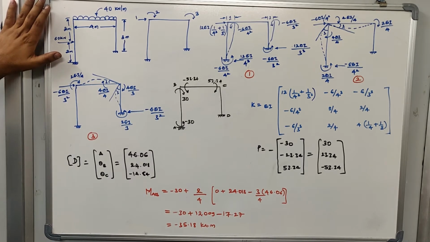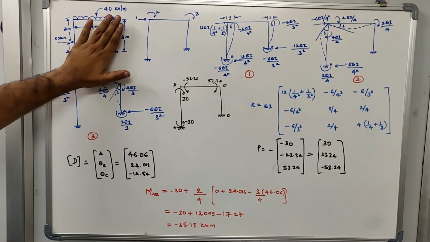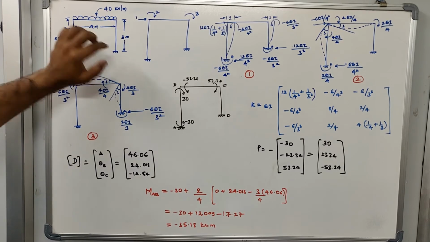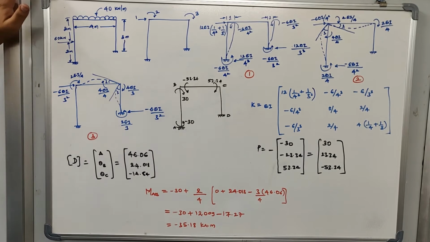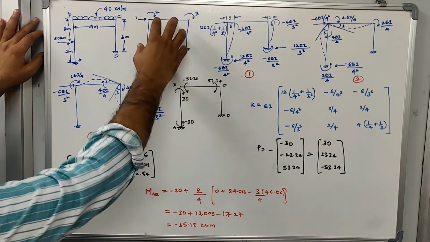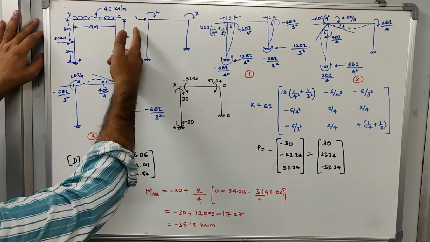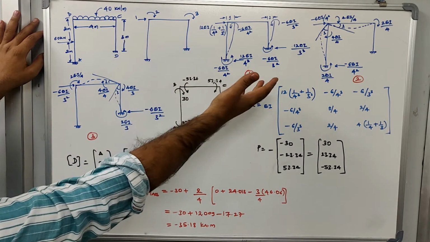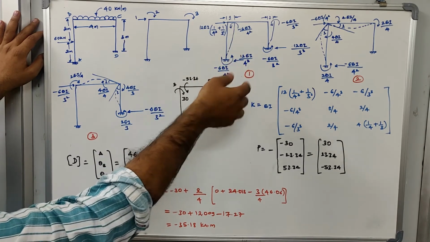What we'll do is first identify our kinematic indeterminacy. As we know, there is the horizontal translation of this entire frame, then a rotation at joint B and a rotation at joint C. So we need to take the same frame and apply a unit displacement, which is our first coordinate, and analyze the forces and moments generated because of it.